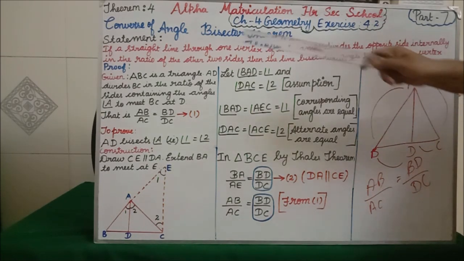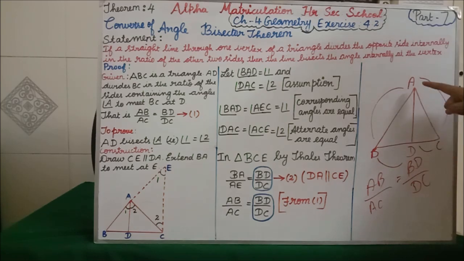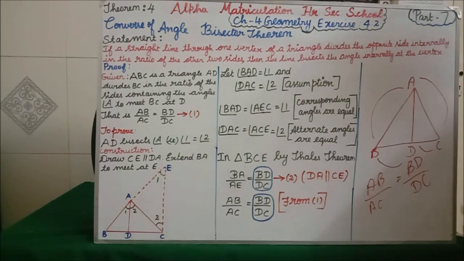What are they saying? If a straight line through one vertex of a triangle divides the opposite side internally in the ratio of the other two sides. So this is a triangle, and I am drawing one line from one vertex. It is dividing in the ratio of the other two sides, isn't it?